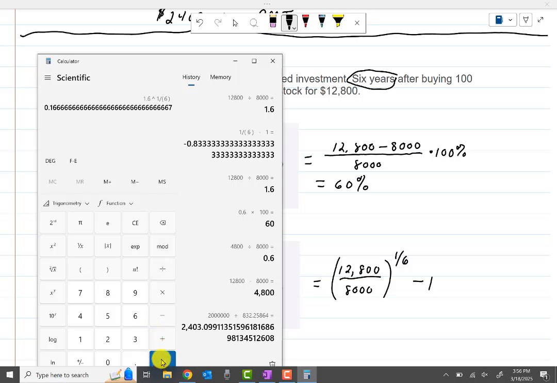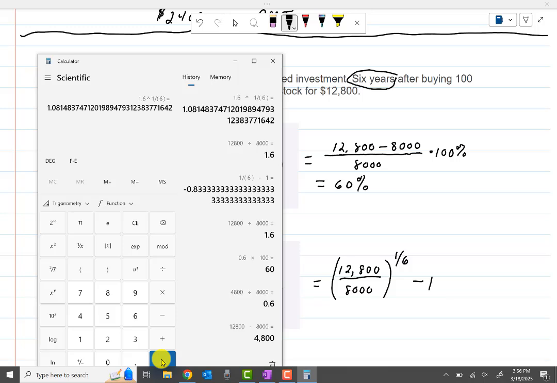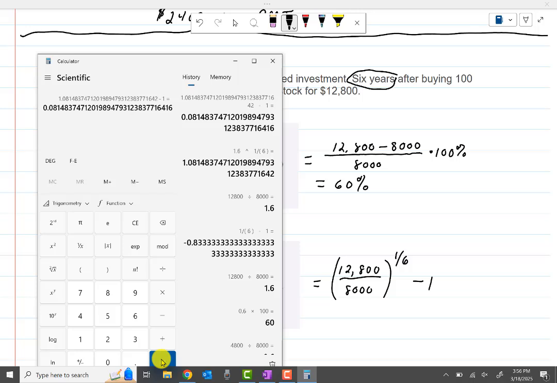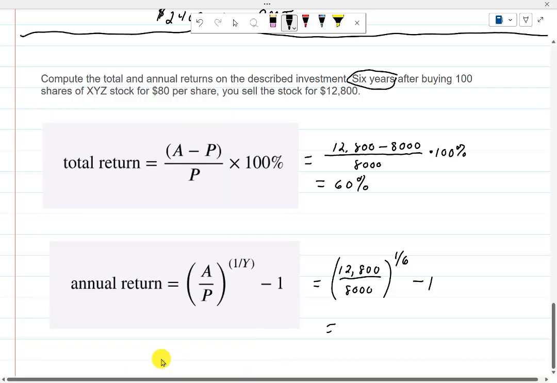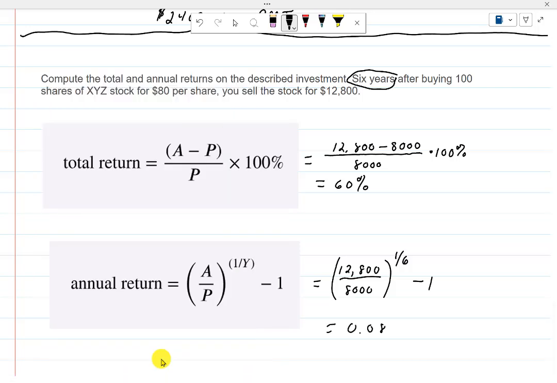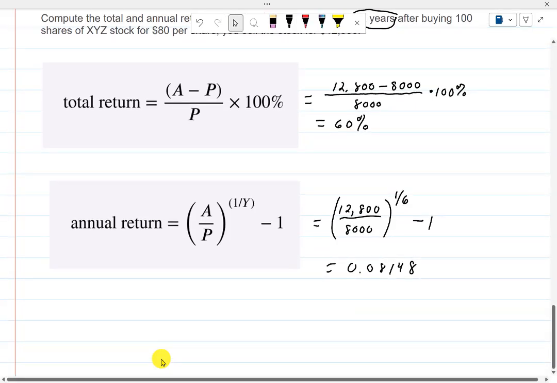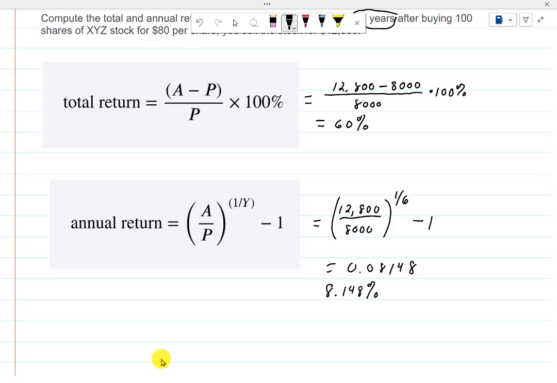It's got a weird parenthesis, but let's see what happens there. Equals, and then I'm going to minus 1. And it looks like 0.08148. And chances are they want it as a percentage, so I'll change it to 8.148% is the annual return.